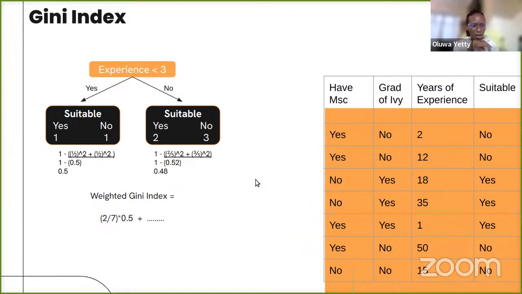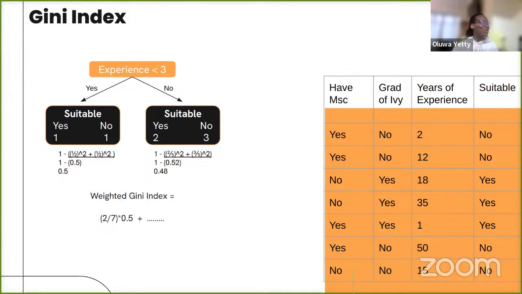So I'll give you a minute to figure that out. It's quite straightforward.